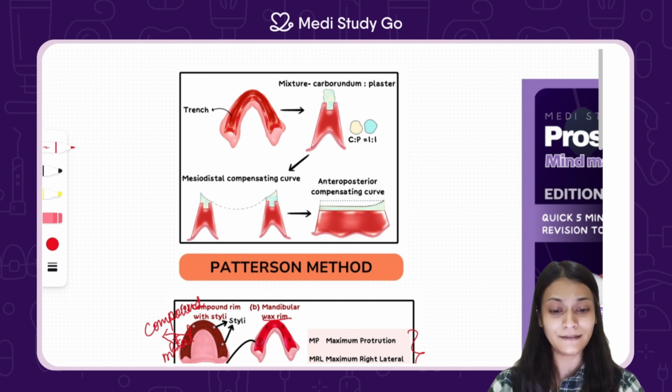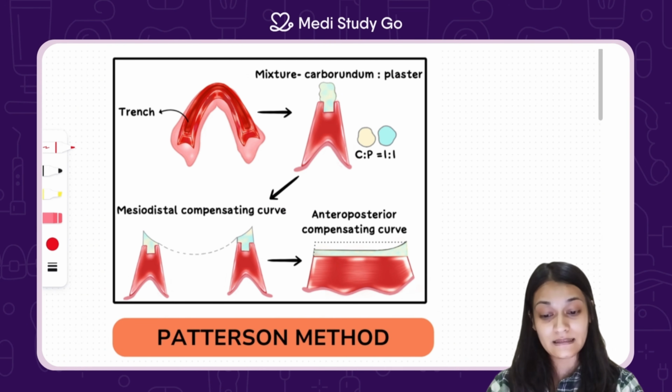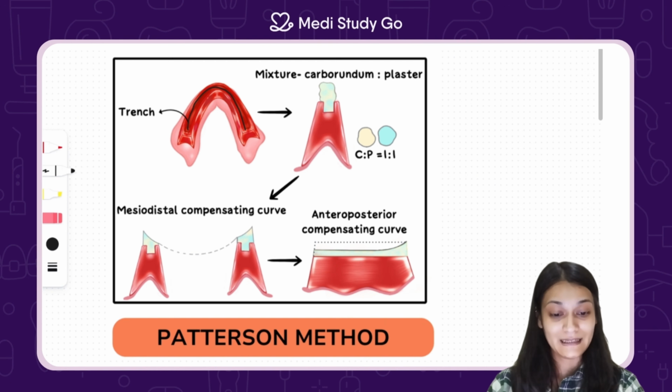On the other hand, there is one more method which is known as Patterson. What is done here is that a trench, can you see a trench that is made into this mandibular rim? So if you see from the cross section, you see a trench.